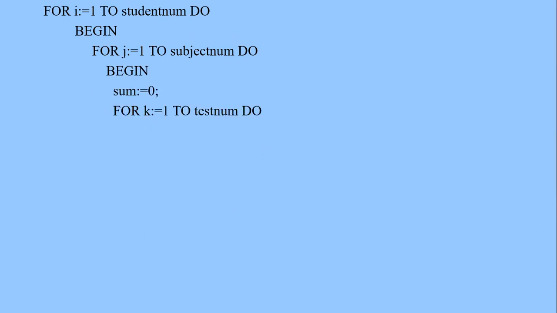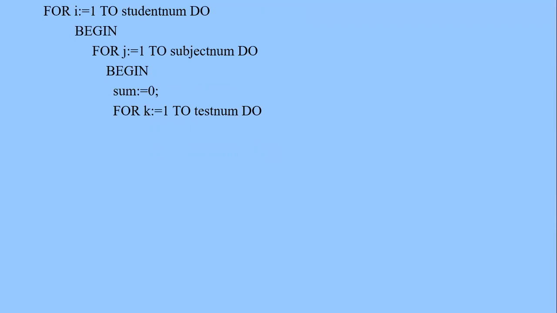And then this statement: for I equals 1 to student num, do. For j equals 1 to subject num, do. Begin. We initialize the memory location called sum to 0. And then we say for k equals 1 to test num, do.